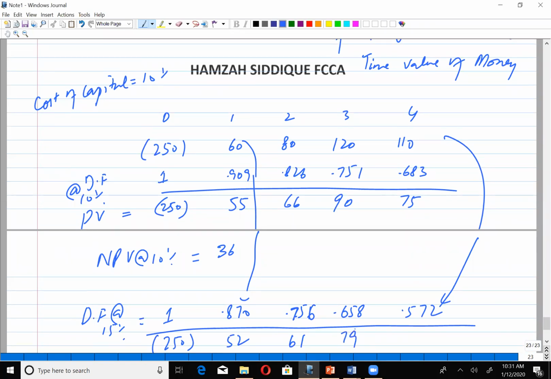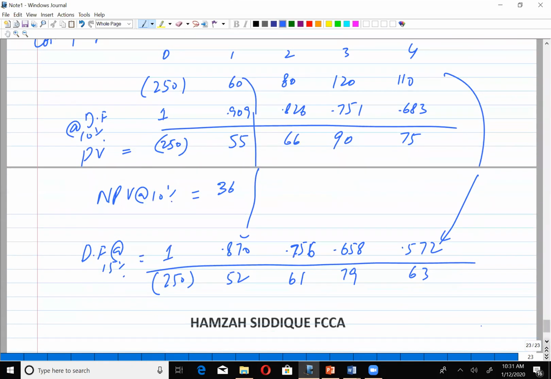And 110 cross 0.572 is 63. So NPV we can calculate. NPV at 15%.